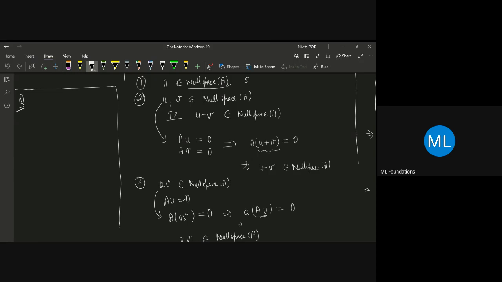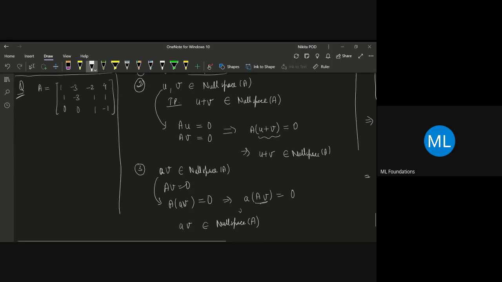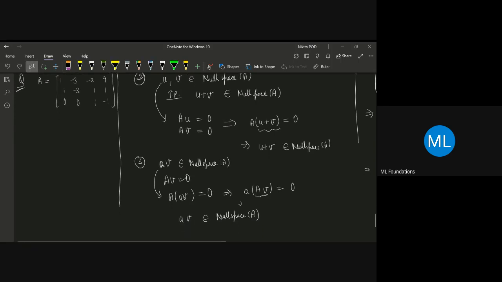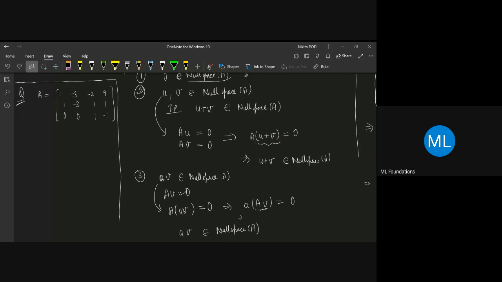Let's say we have A equal to 1 minus 3 minus 2, 4 1 minus 3, 1 1 0, 0 1 minus 1. So if you have a matrix given to you, how do you find the null space?